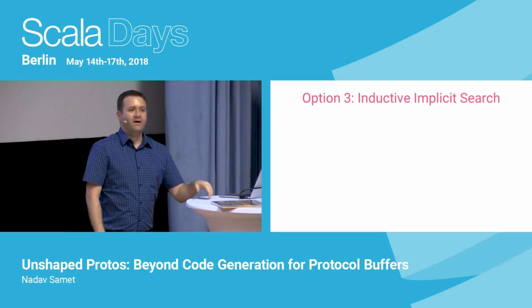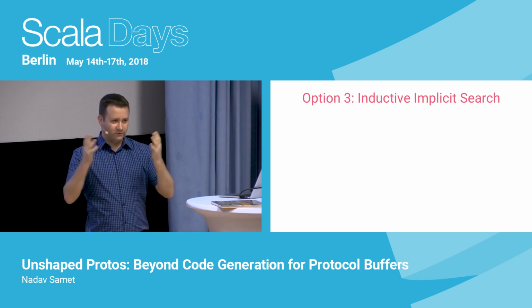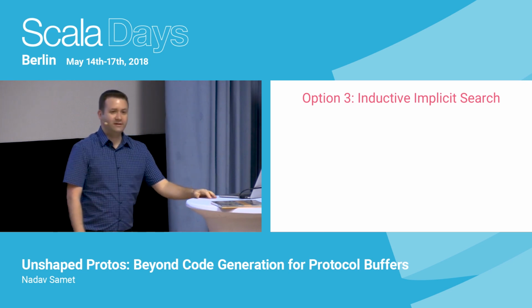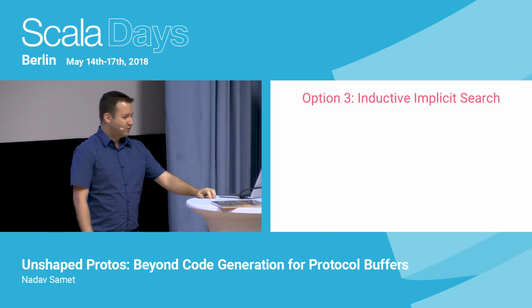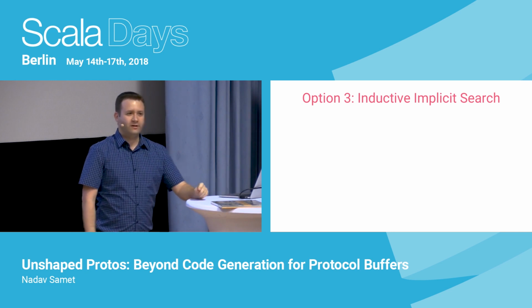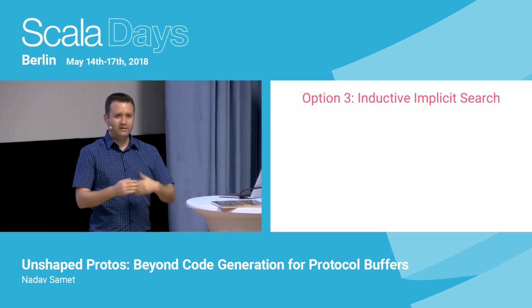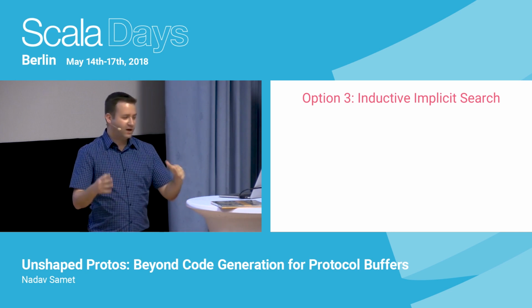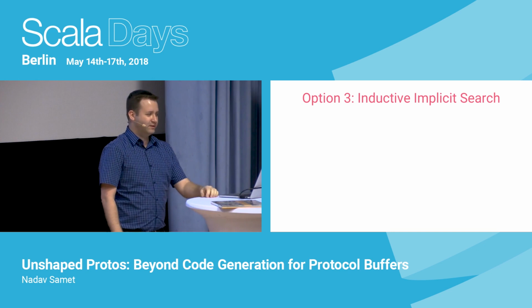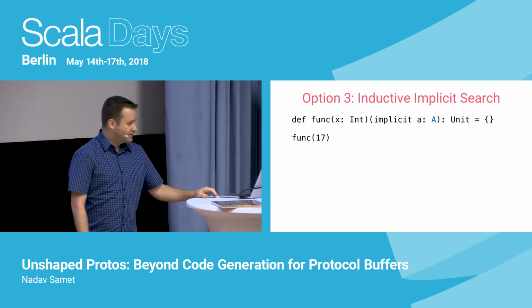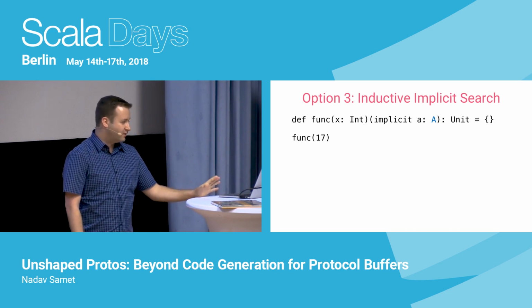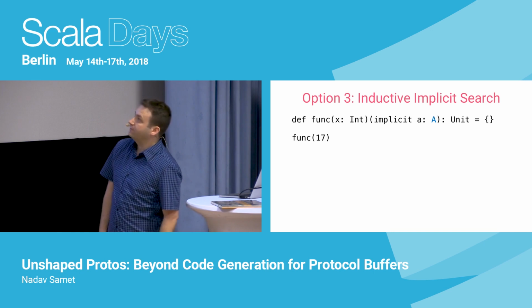All right, and the last thing that holds this whole approach together is called inductive implicit search. I don't know if a lot of people know that, but when you invoke an implicit search in Scala, it's a recursive search in a graph, so let's see what it really does. Let's say that you define this function func that takes an x and an implicit a of type A, and you invoke it like this, func of 17.